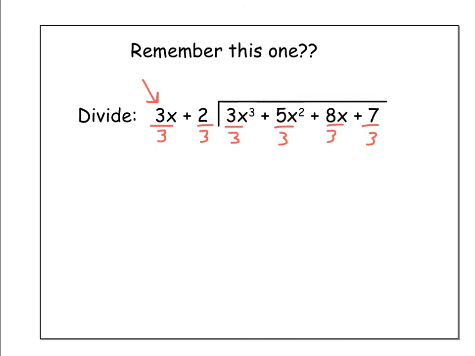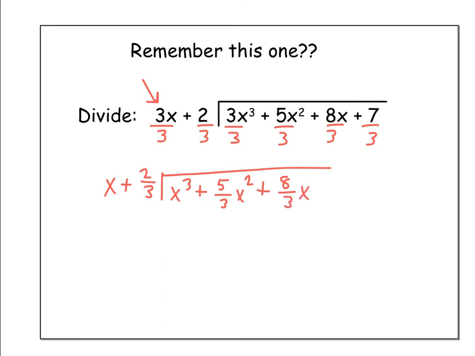But what it ends up turning into now is x plus 2/3 dividing into, that would become x cubed plus 5/3 x squared plus 8/3 x plus 7/3. Okay, and since we did it to every term, it's okay, right? It's kind of like doing something to both sides of the equation. We divided every single term by 3.